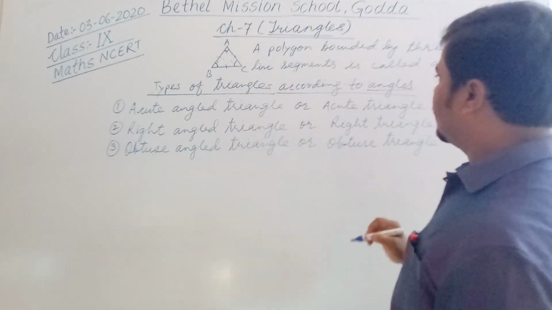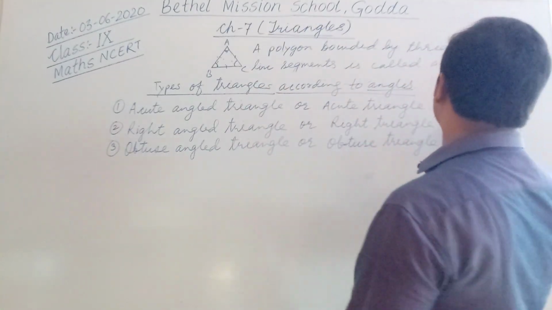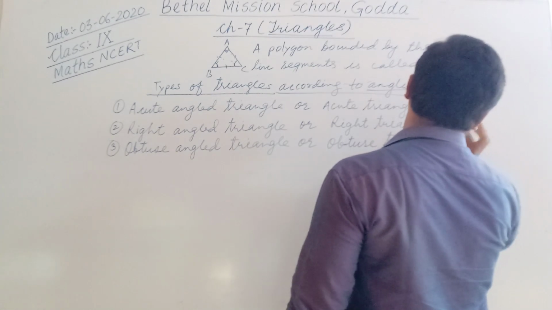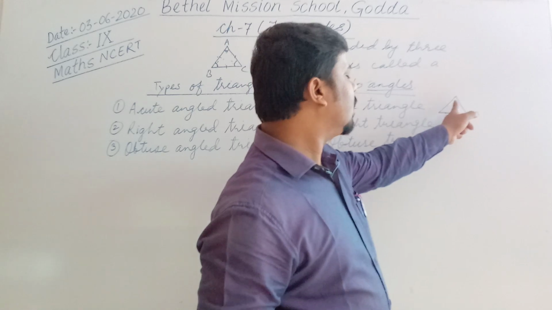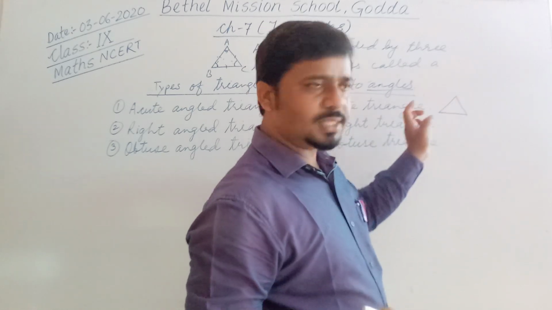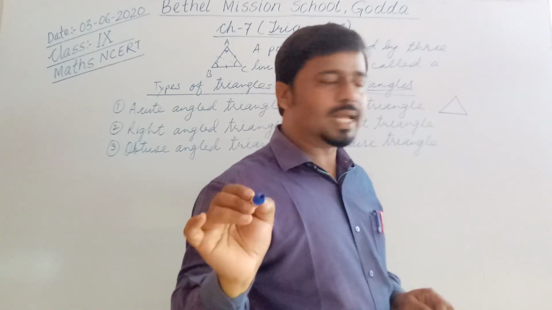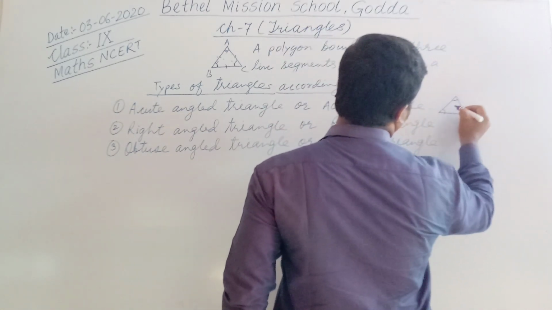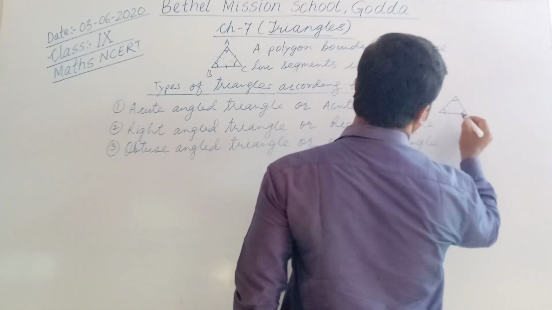Acute angle triangle. In acute angle triangle, you will see all the angles will be less than 90 degree. Less than 90 degree means each of the angles will be less than 90 degree.